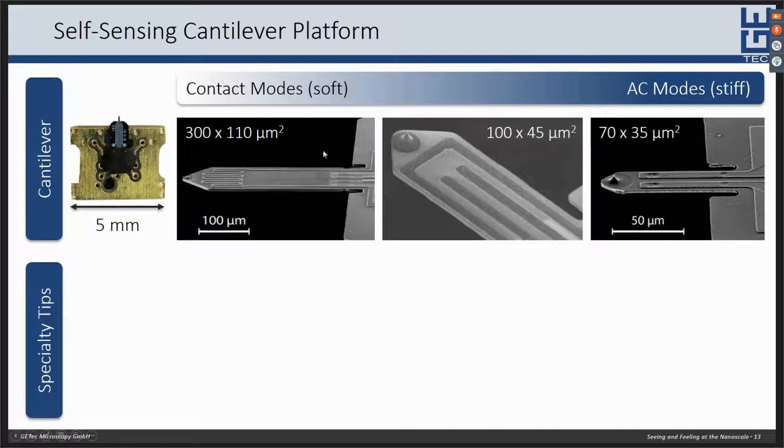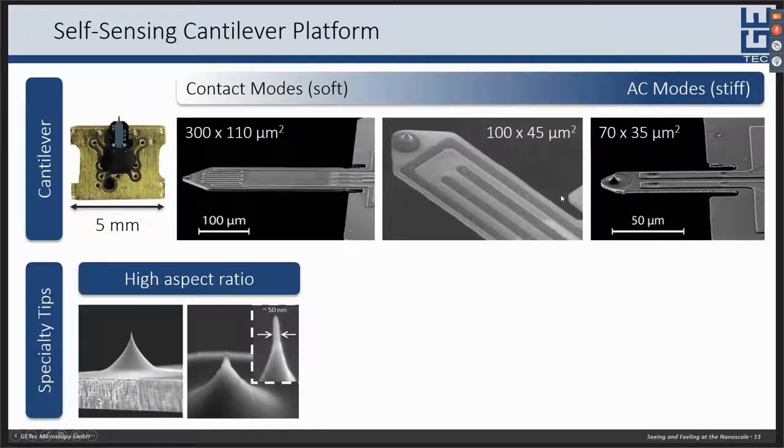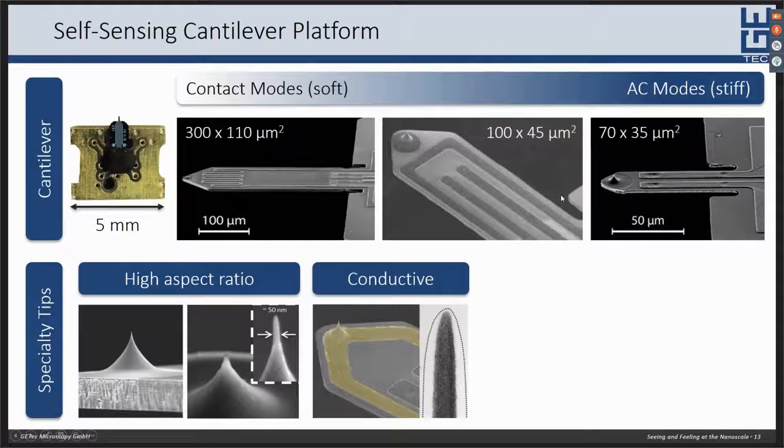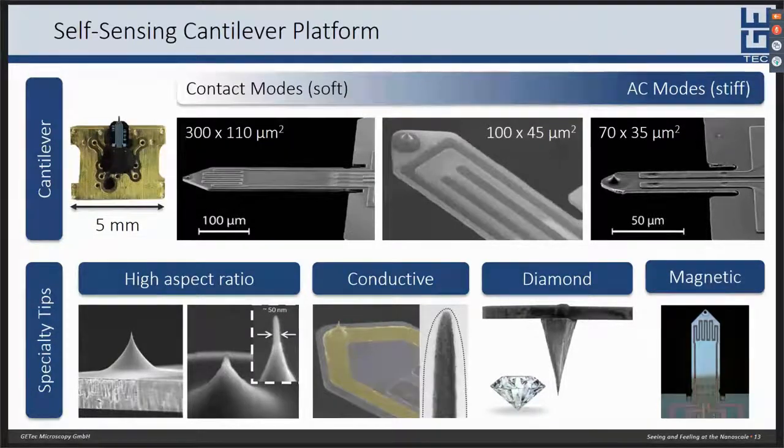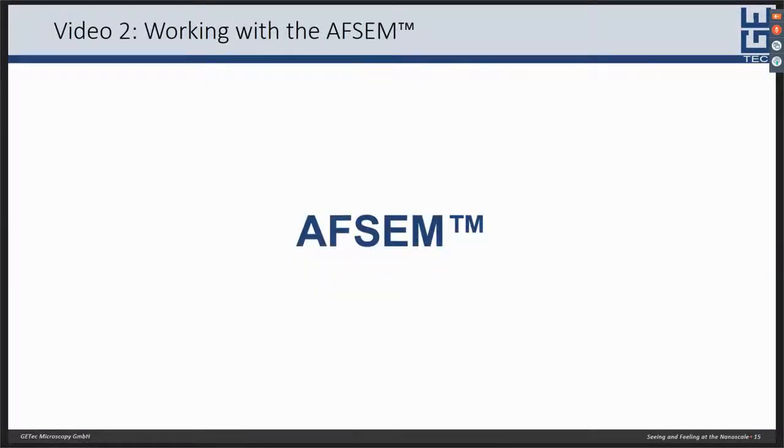These include long and soft cantilevers, which are mostly used for contact mode imaging, or short and stiff cantilevers for AC or dynamic mode imaging. For all different cantilevers, specialty tips are available, including high aspect ratio tips, conductive tips, wear-resistant diamond tips, and further magnetic tips for MFM imaging are currently under development.